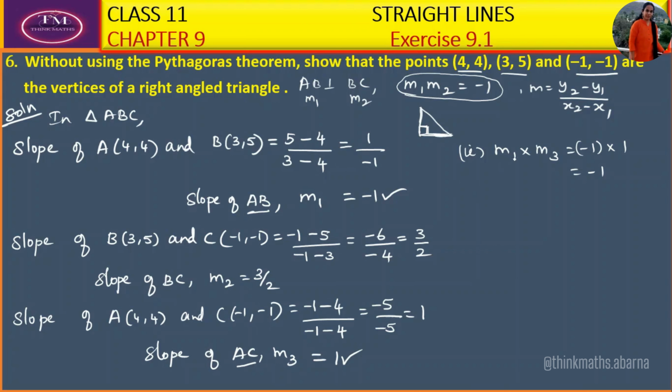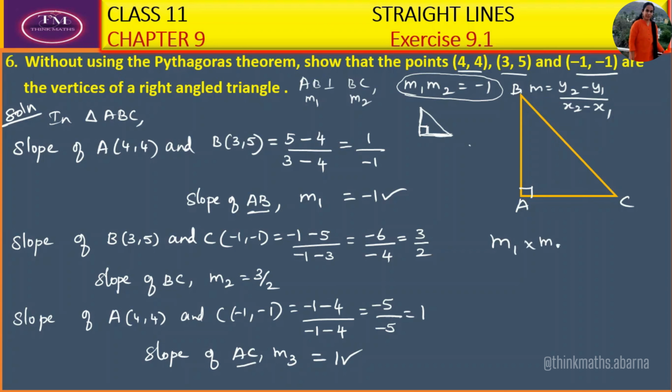So let me draw this triangle ABC. If this is the triangle, we have A. AB and AC are perpendicular, which means it is right angled at A. So A will be here and B, C. So AB and AC are perpendicular because M1 into M3 is minus 1 into 1, which is minus 1.